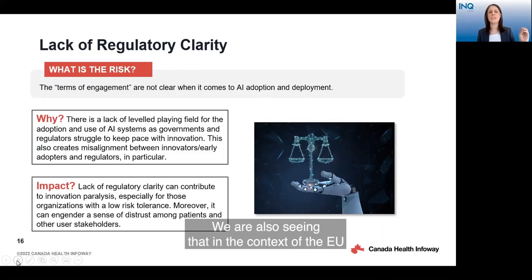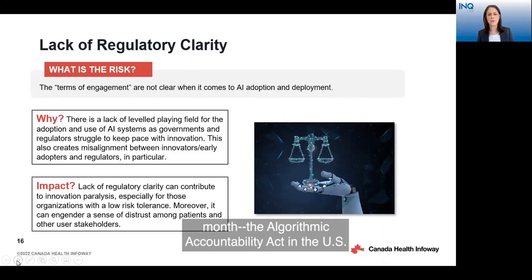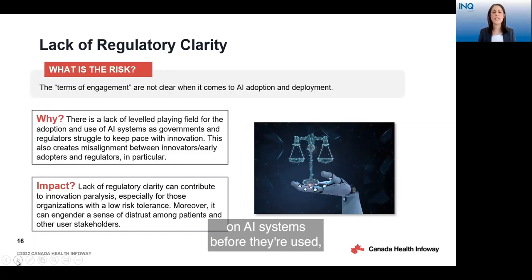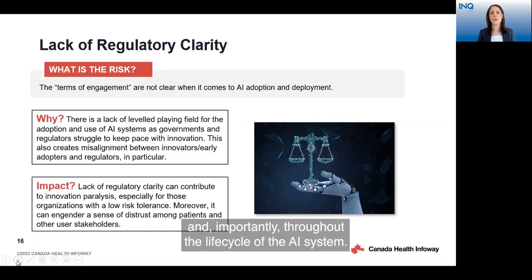We are also seeing that in the context of the EU, and the Algorithmic Accountability Act in the US has been retabled earlier this month. It was tabled first in 2019, now again in 2022. Also calling for an appropriate and robust impact assessment conducted on AI systems before they're used, and importantly, throughout the life cycle of the AI system.